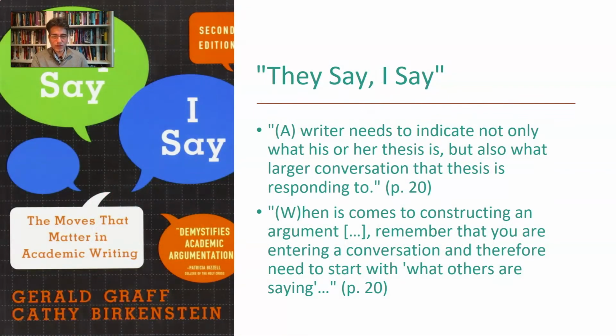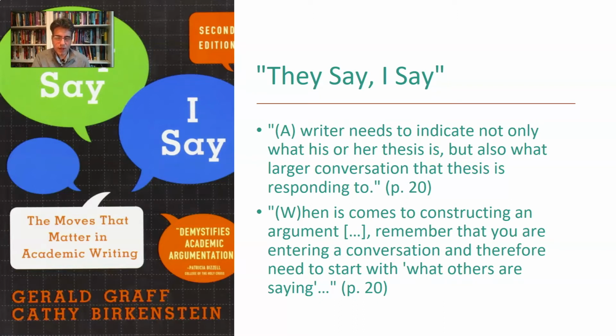So you'll recall that the common argument structure or general rhetorical structure in academic discourse is this notion of they say and I say. First, starting with the they say, what has been established in your field, in your discipline, and then getting to what your main point is, what you have to say about all of that.